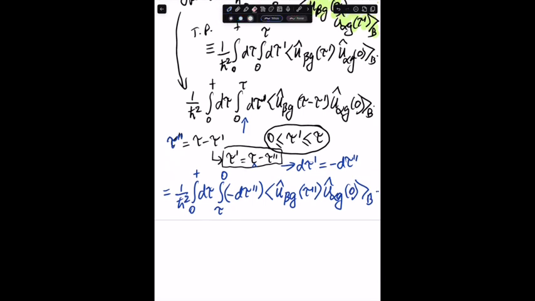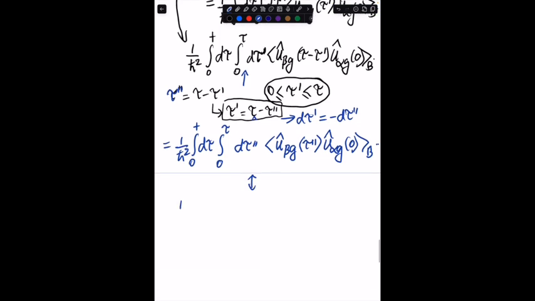And then you can get rid of this minus sign and change the limits of your integral back from 0 to tau. And what I could also do is revert back to my old notation from tau double prime to tau prime, because it's just a variable of integration at the end of the day. So I can go back to this. So 0 to tau, d tau prime, u hat beta g tau prime, u hat alpha g 0.